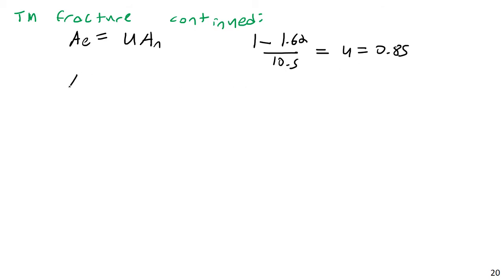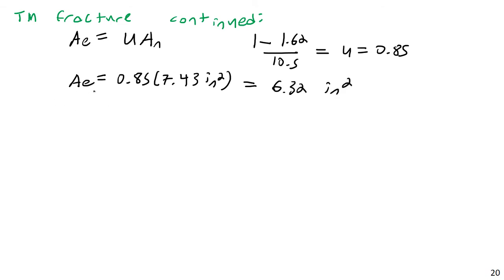So our area effective is going to be 0.85 times 7.43 inches squared, the net area we got on the previous slide, and that comes to an area of 6.32 inches squared.